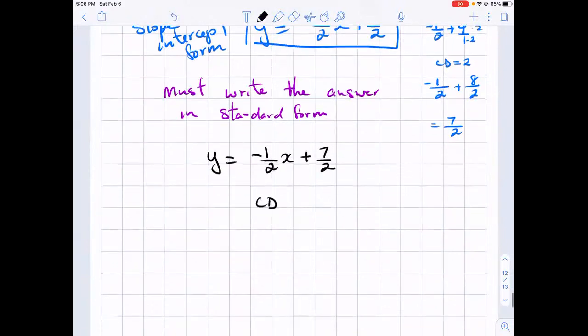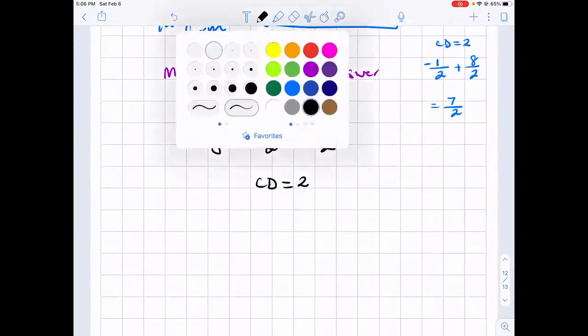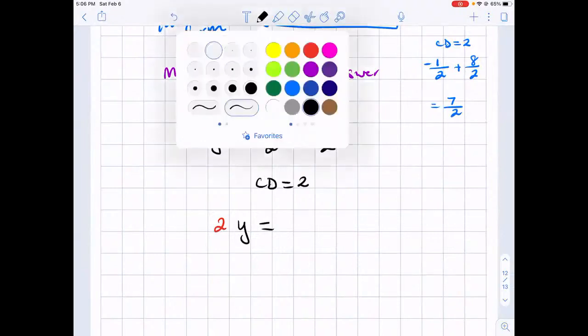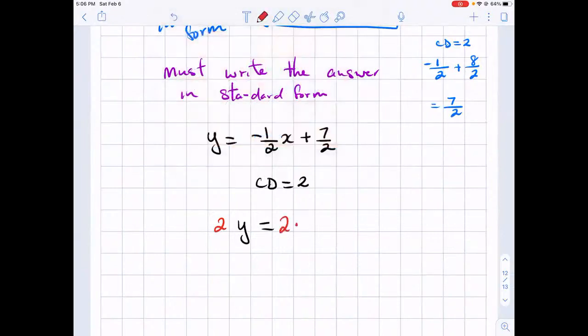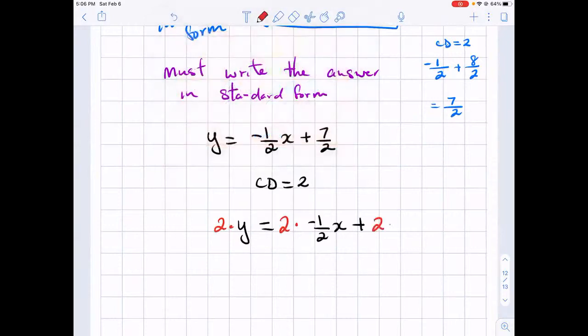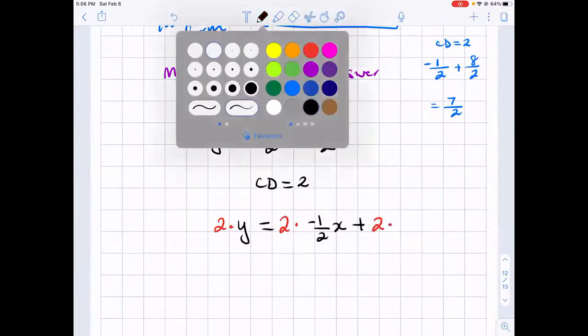The first thing I'm going to do is find the common denominator of 2, and then I will multiply each term by 2. So 2 times y is equal to 2 times minus 1/2 x plus 2 times 7.